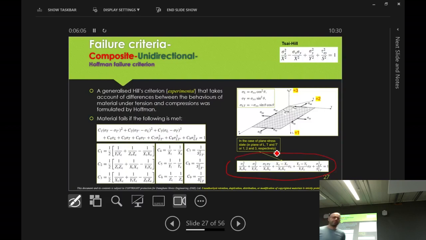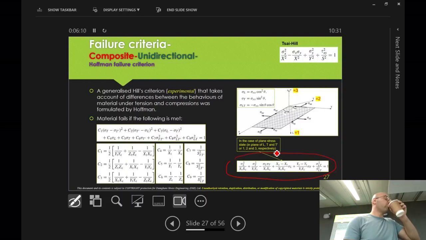Do you see any improvements here? Considering both strengths in tension and compression. So it distinguishes whether the loading is in tension or compression, which is a massive improvement itself. Anything else?